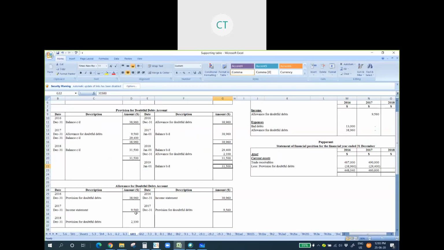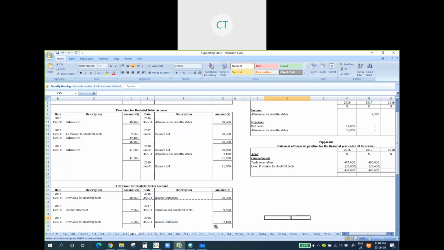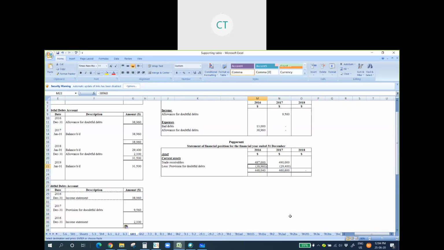So next, we transfer this amount to income statement as an expense of the company. So at 2018, I have allowance for doubtful debts 2100 as expenses.